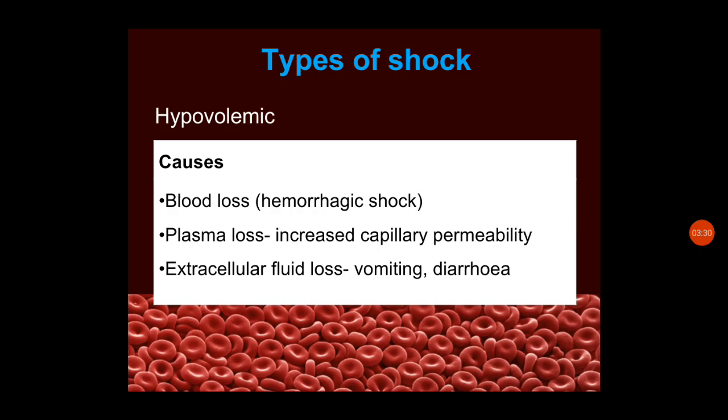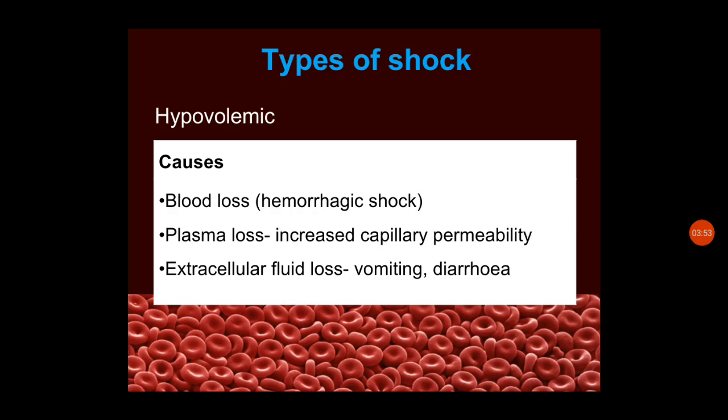So this is the first type of shock, hypovolemic shock, and the main causes are hemorrhage or blood loss, plasma loss, and extracellular fluid loss. All these causes contribute to hypovolemia and result in circulatory failure, or hypovolemic shock.